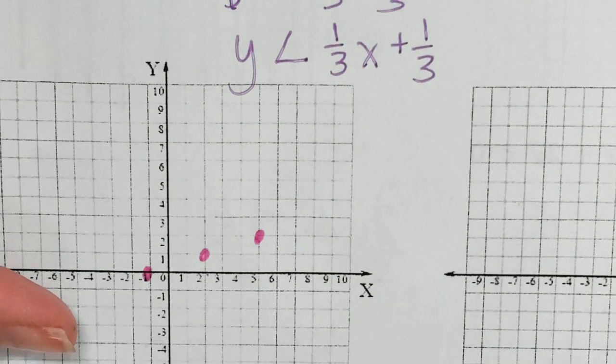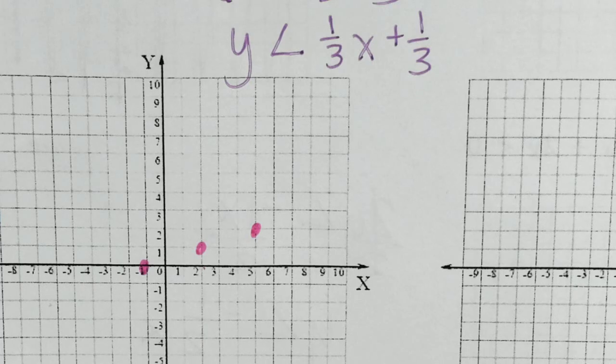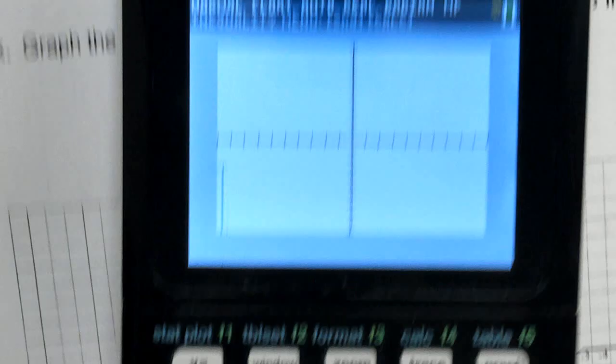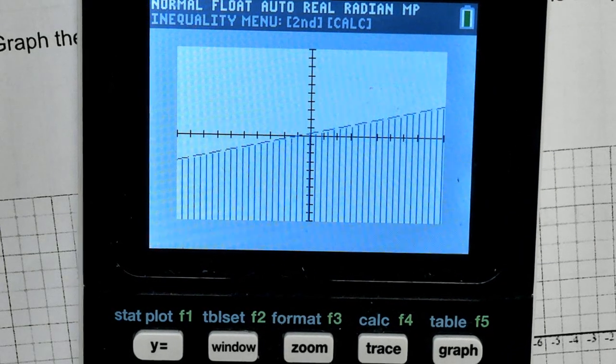Okay, would it be a solid dot or dashed? And which way would I shade? Everybody who has a calculator with their apps on should be able to tell me just by hitting graph. Bottom, you're going to shade below. If I hit graph, it's going to show me. Dashed line, shaded below.